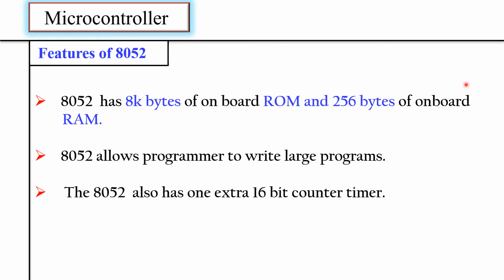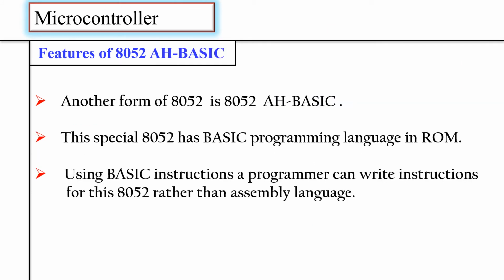Next is 8052AH BASIC, another form of 8052. The difference between 8052 and 8052AH BASIC is that here we can use the BASIC programming language to write the program.